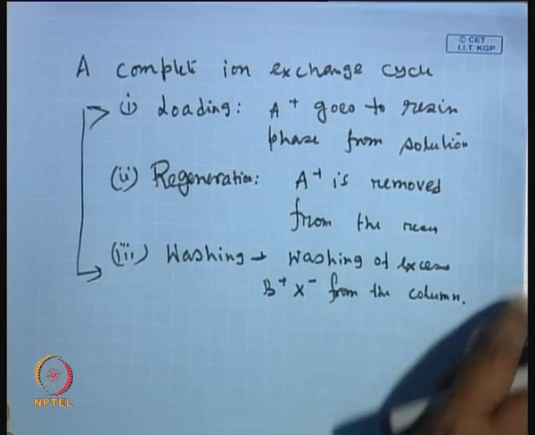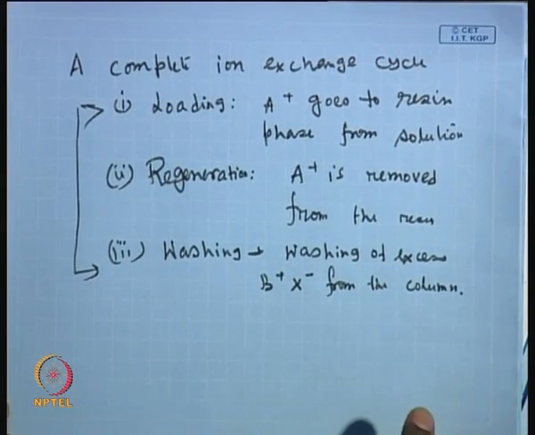Okay. Now, the reaction that we have talked about earlier represents when a monovalent ion is being exchanged, but in most water softening cases the divalent calcium or magnesium would be exchanged. So the reaction will be different.